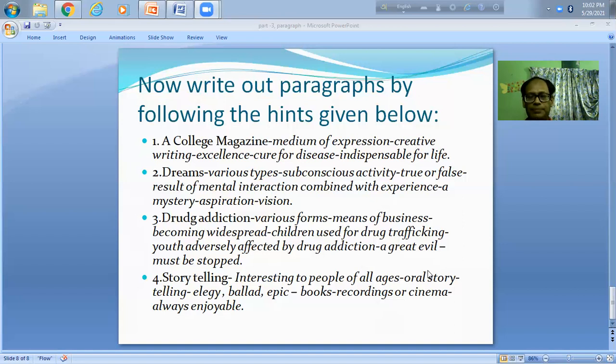So finally, storytelling. So storytelling is an old concept. If we go back to civilization, or at the beginning of civilization, we will find that storytelling was a very famous medium of expression.